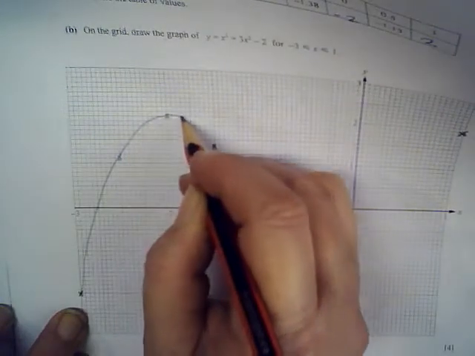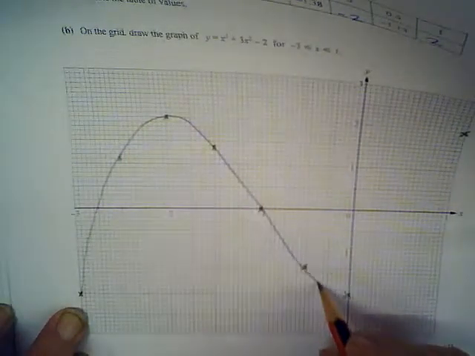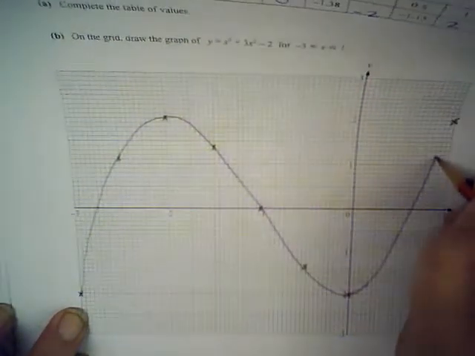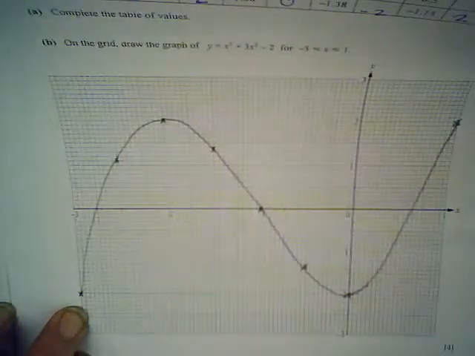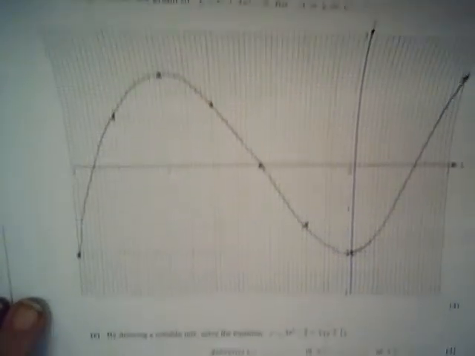Then one smooth line. Don't worry about the artistic value. Just looking at one smooth line. Okay, that would give you 4 whole marks.